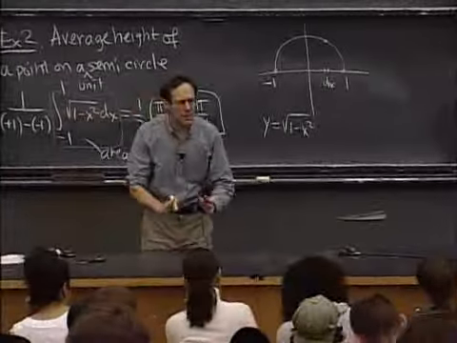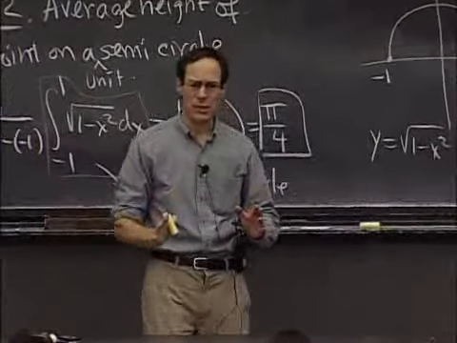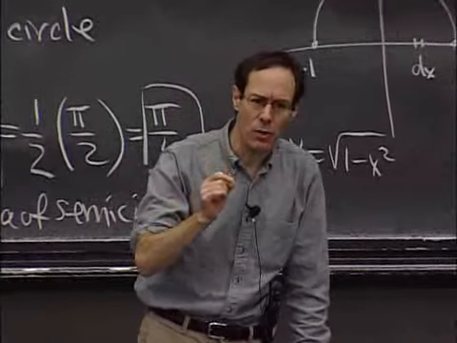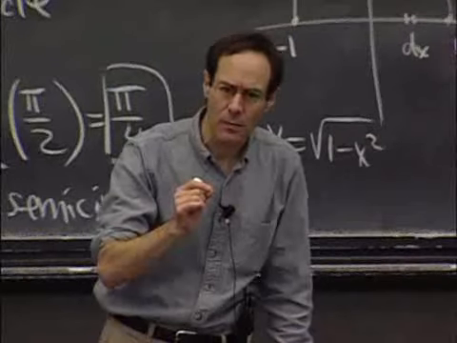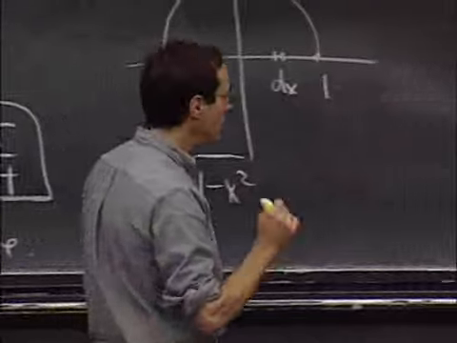Now, this brings up an extremely important feature of averages, which is that you have to specify the variable with respect to which the average is taking place. And the answer will be different depending on the variable. So it's not going to be the same.